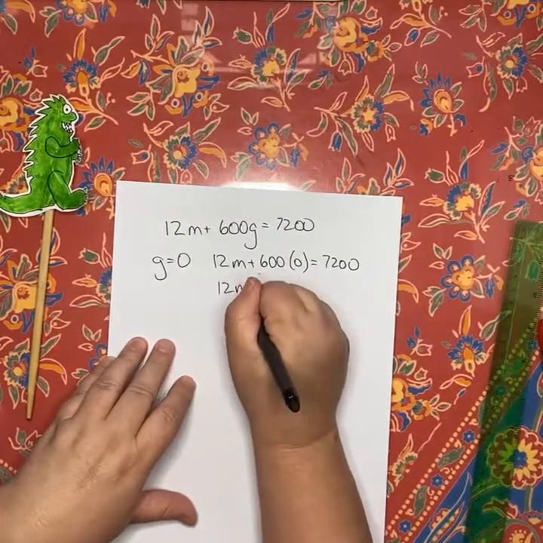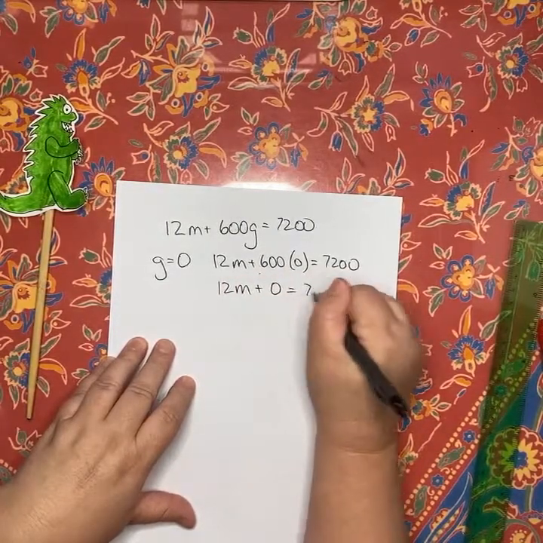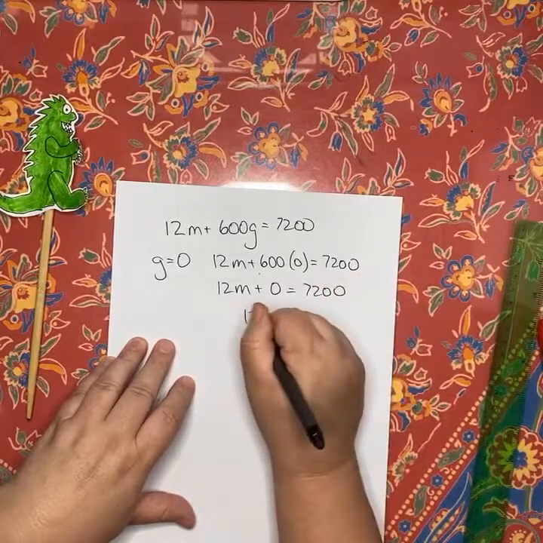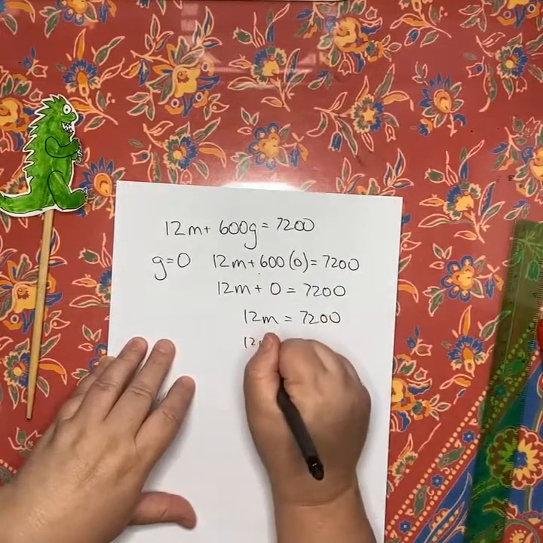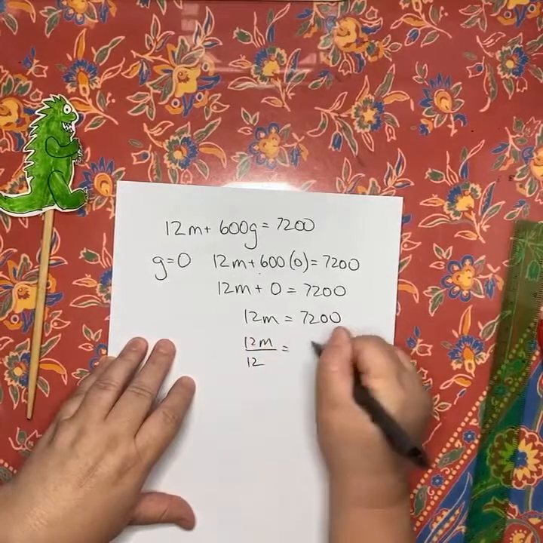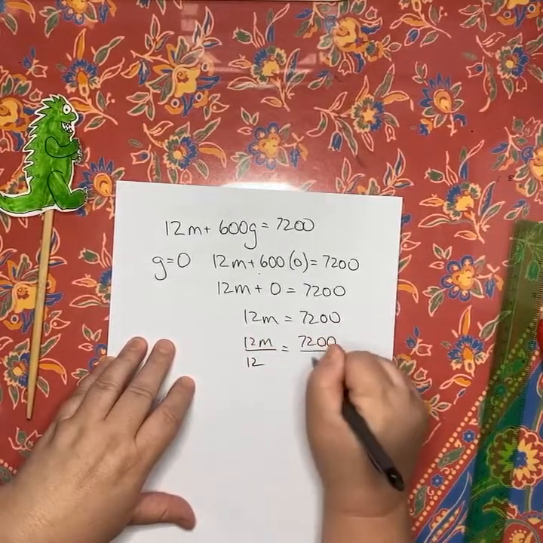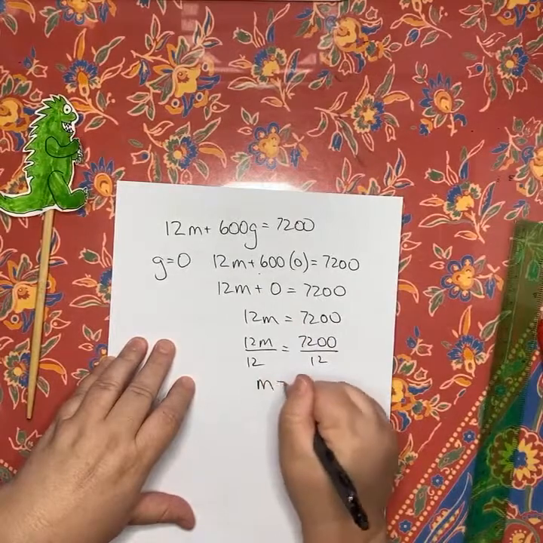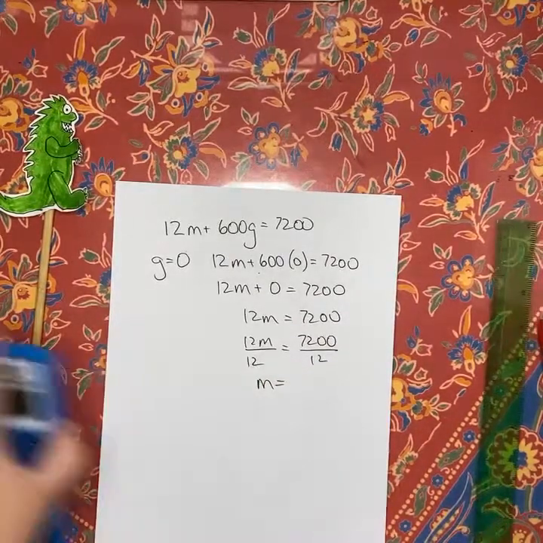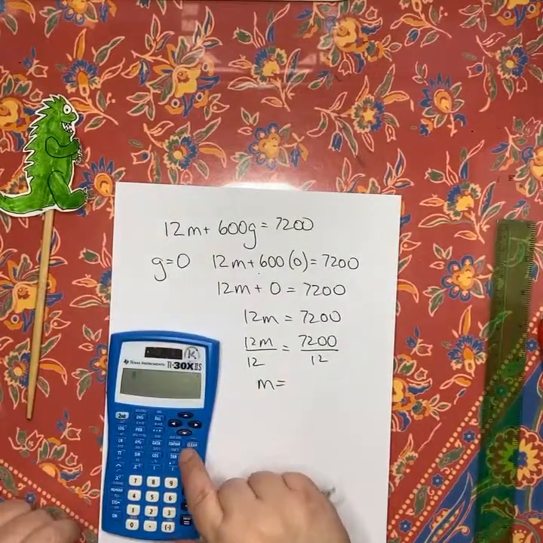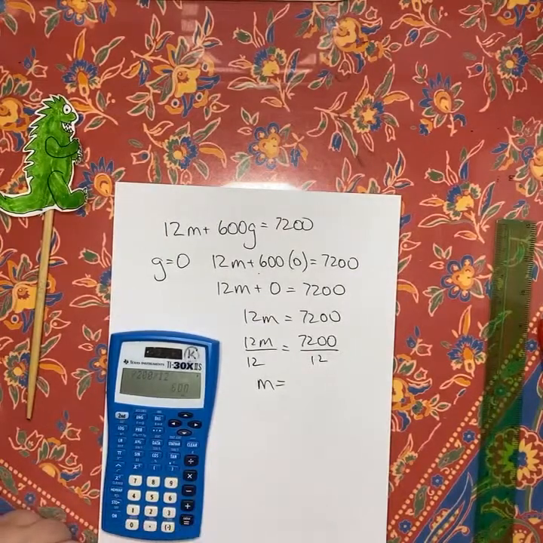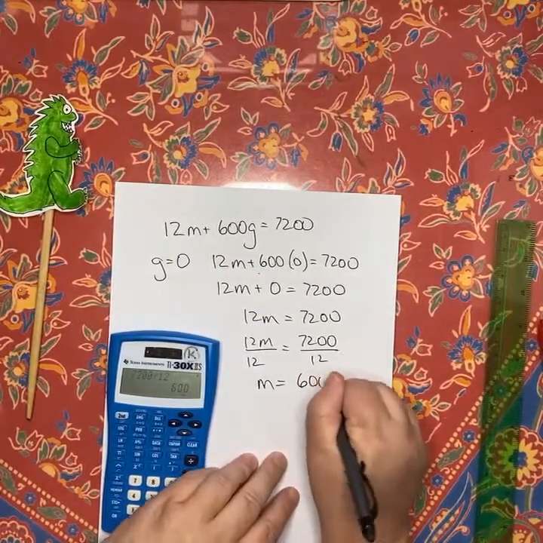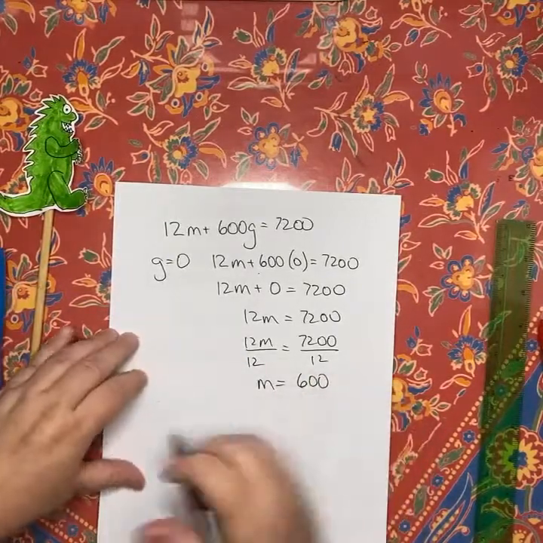So we've got 12m plus 0 equals 7,200, or 12m equals 7,200. Divide both sides by 12. M equals, and I think it's 600, but I am too tired. So I'm going to double check. There is no shame in double checking. 600.